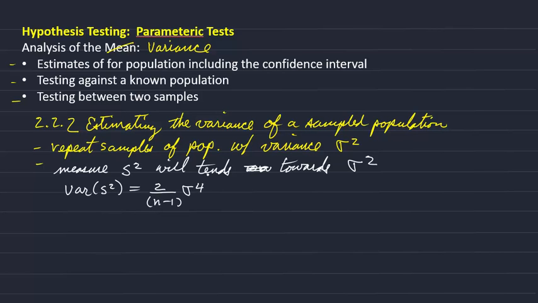So what will be the distribution of our sample variances? Well, I'll give you a hint. It can't be Gaussian, because a Gaussian can extend to negative numbers. The distribution of S squared will be positive. It will always be greater than 0.